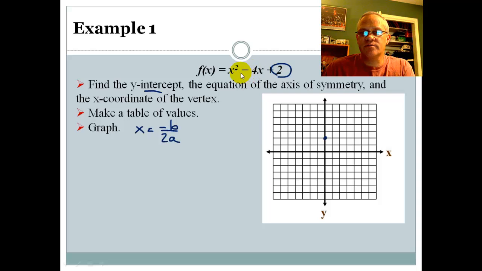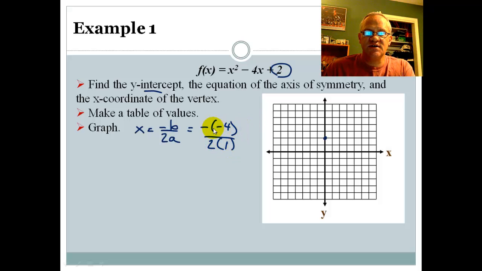Remember the formula said ax squared plus bx, so this would be like a plus a negative 4. So negative 4 would be your b. The tricky thing here is that it's the opposite of negative 4, over 2 times a, which is 1.